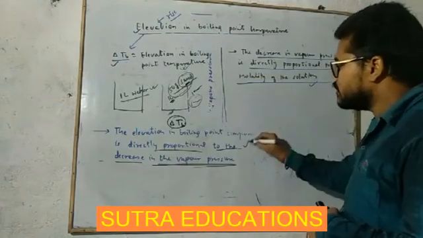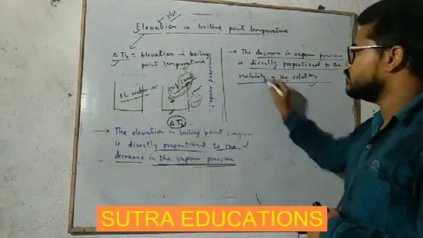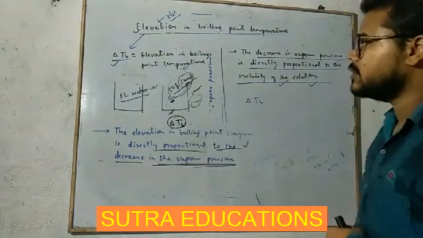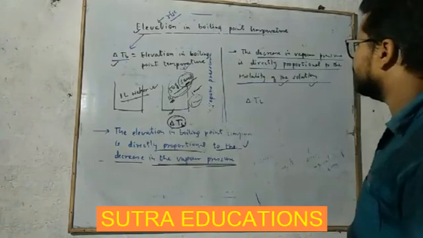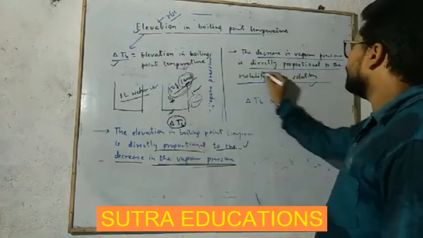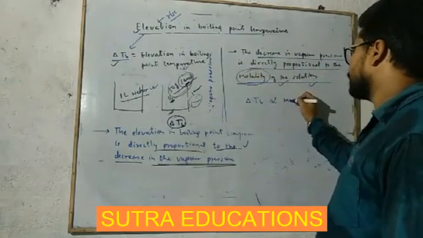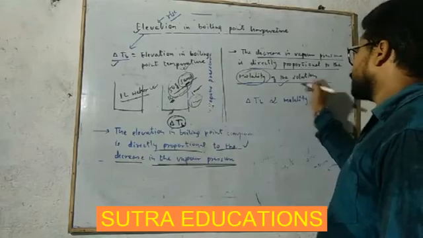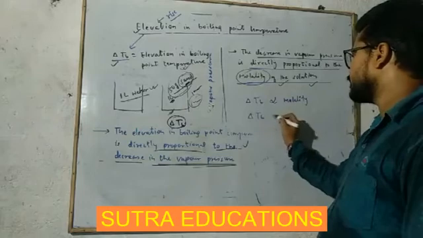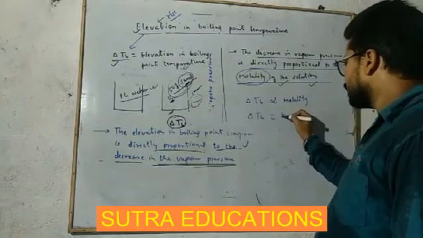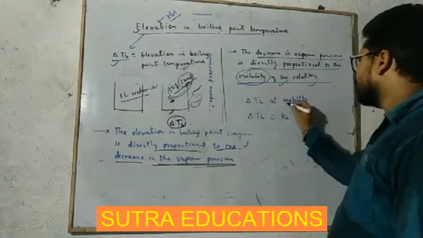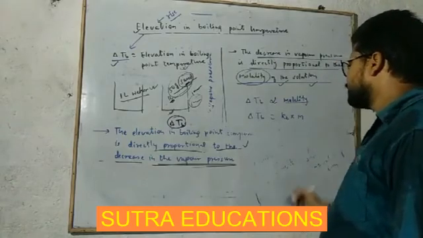So using these two statements, we can say this delta Tb, the elevation in boiling point temperature, is directly proportional to the molality of the solution, or we can say delta Tb is equal to a proportionality constant Kb times molality, written as small m.